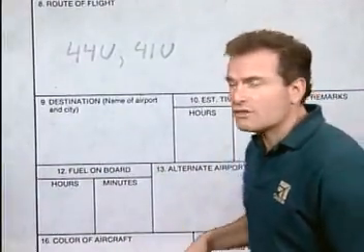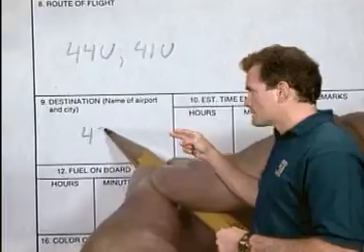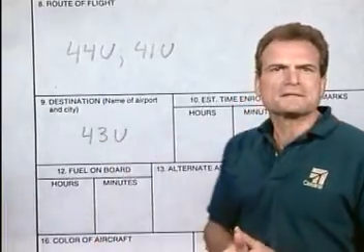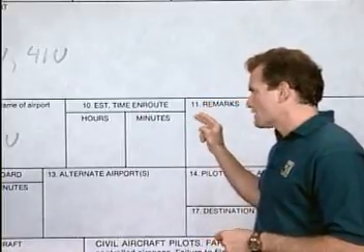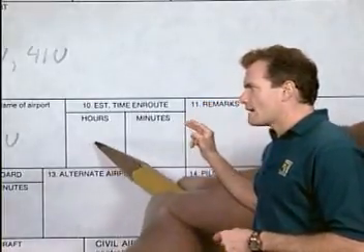In Block 9, enter the destination airport identifier code, 43 uniform for Mount Pleasant. Block 10 contains your estimated time en route in hours and minutes, which comes from the total in your flight log's ETE column. In this case, it's 0 hours and 39 minutes.